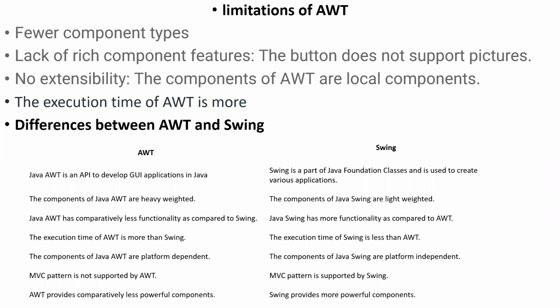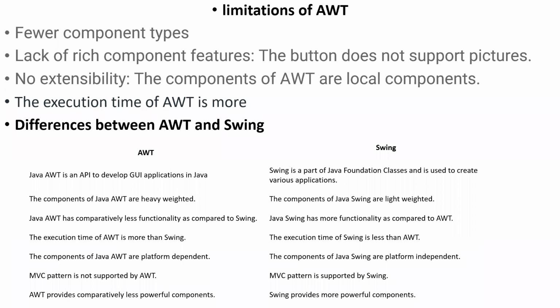First, there are very few components. Next, the features are very limited with respect to components. A component is, for example, in a website, some boxes, check boxes, radio buttons like that.